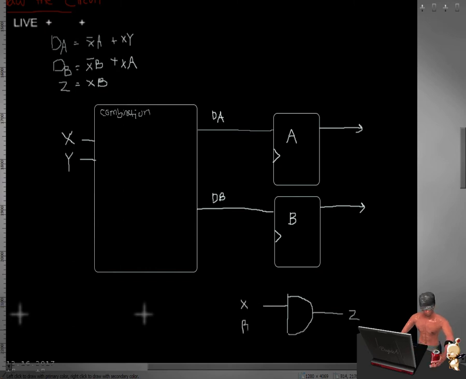Alright, so we know that this is going to be X. This is B. Alright, we know this is going to be a clock input. I'm just going to draw everything out.